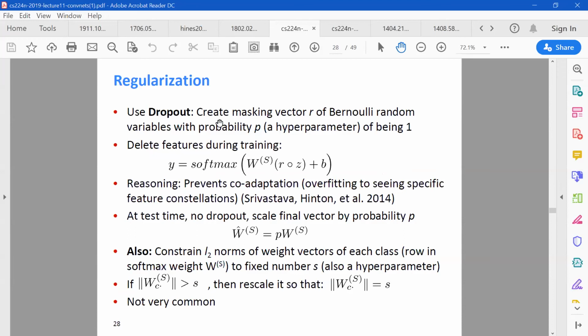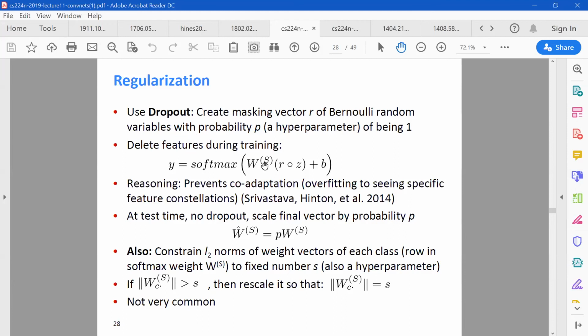Yeah, so that makes sense. So now he's saying the dropout is also a hyperparameter. They use a Bernoulli random variable, which means you drop something with some probability, and so you have to find the value of p that is the best, and you do that by tuning the hyperparameter.